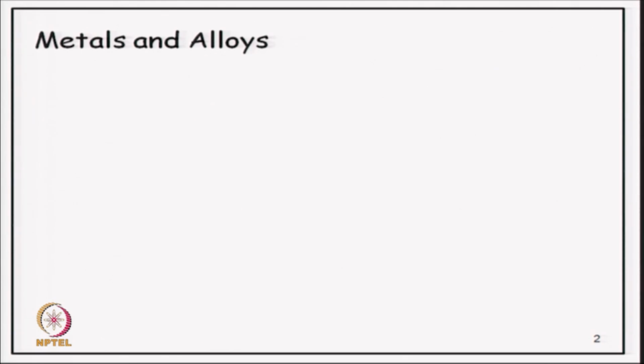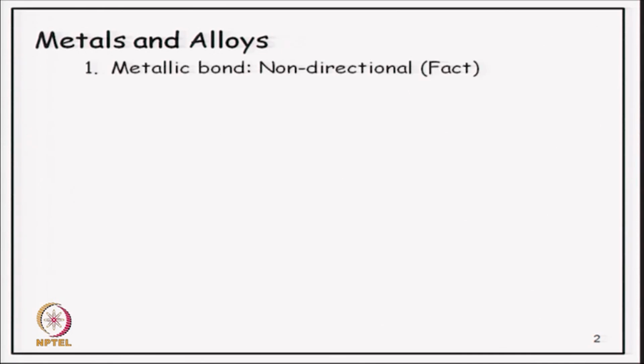Now, if we look at the structure of metals and alloys, their binding is metallic binding. Metallic bonds are non-directional. You can contrast this with the covalent bonding of carbon, where the angle between the carbon-carbon bond is 109.5.